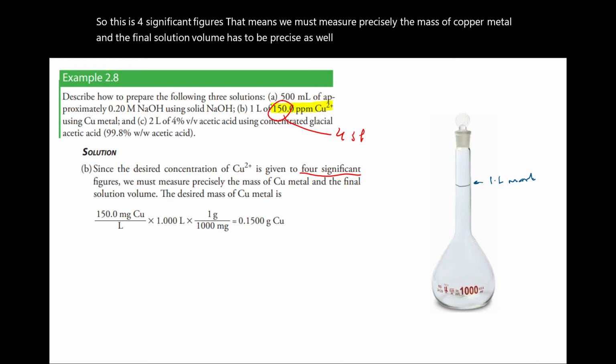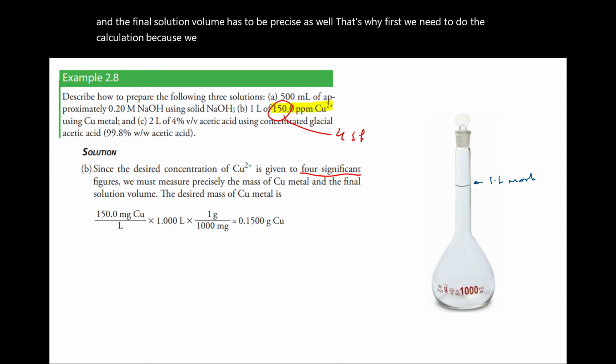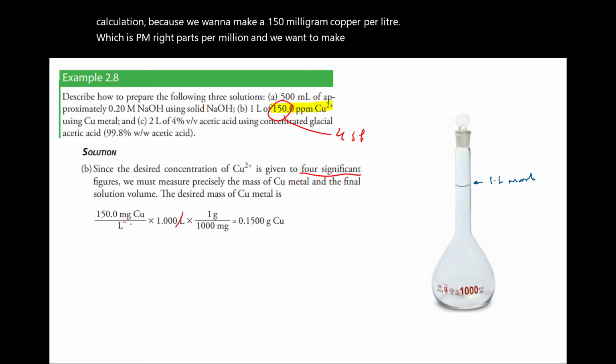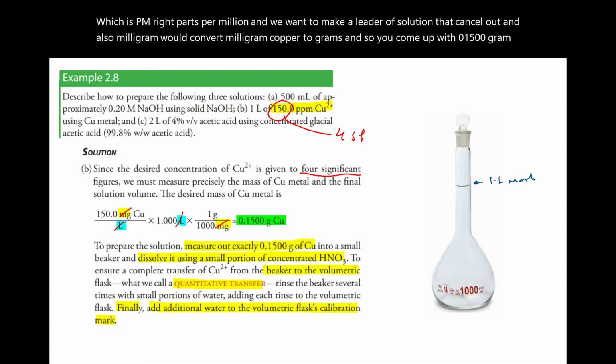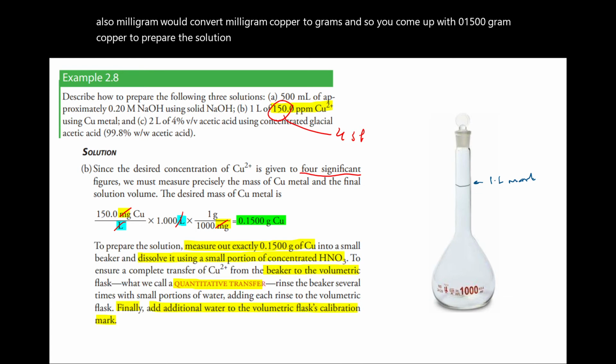First we need to do the calculation, because we want to make 150 milligrams copper per liter, which is ppm, parts per million, and we want to make a liter of solution. That cancels out, and we convert milligrams of copper to grams, and you come up with 0.1500 gram copper.